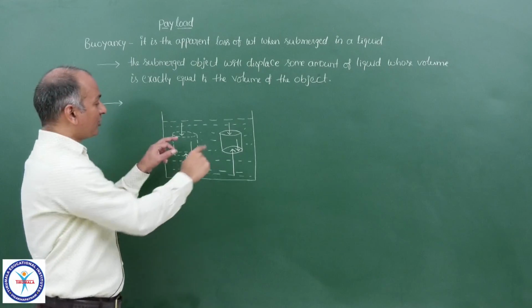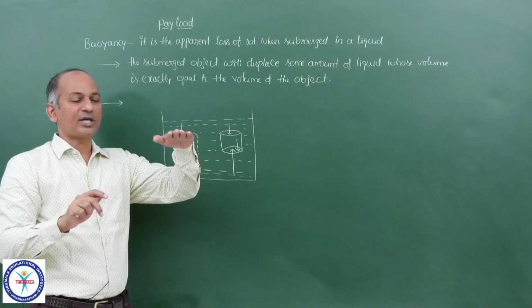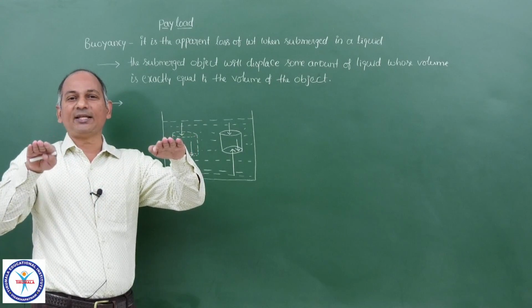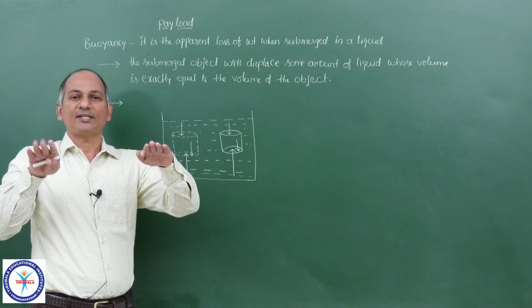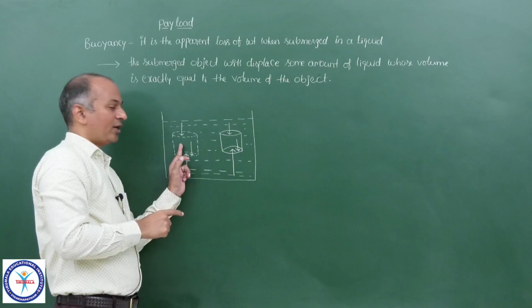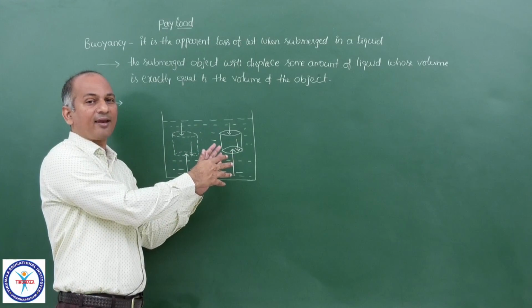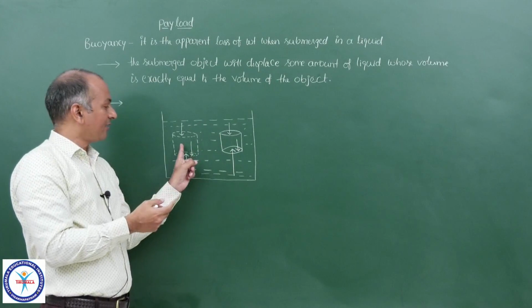Actually, on the surface both forces are exactly the same, both on the actual object and on the imaginary surface. On both surfaces the force is the same. But because this object is less dense than water, suppose there is gas in that can, so it is less dense than water.